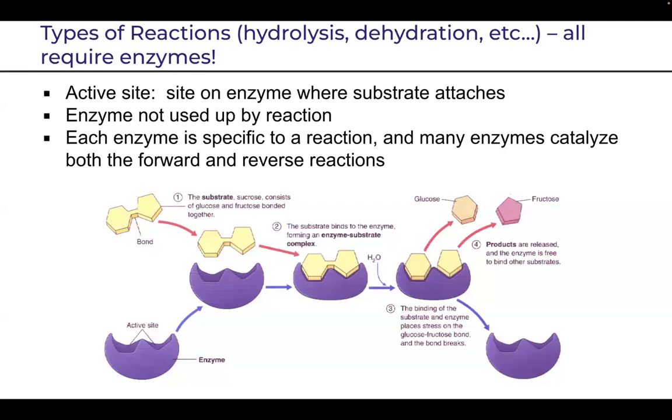The enzyme will come and there's some sort of substrate, and the substrate can vary, it can be multiple different molecules. In the case of the lab, it's going to be the carbohydrates found in potatoes, and we're going to use the catalase enzyme to break that up.